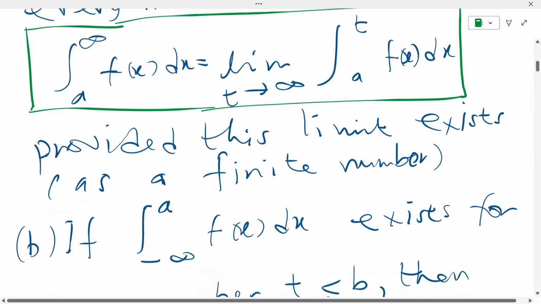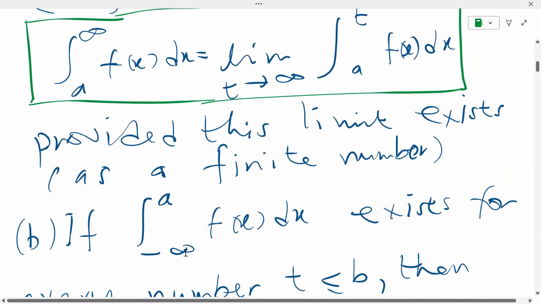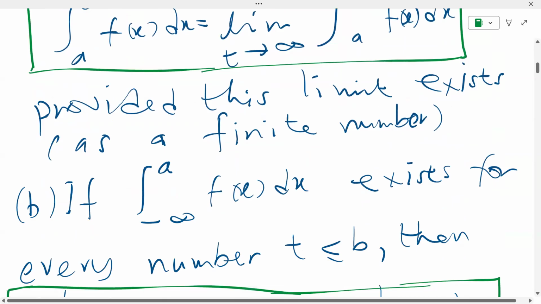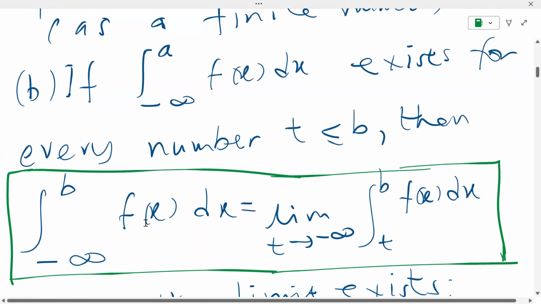B, this time, if the lower limit is negative infinity, whereas it was positive infinity at the upper limit, and the integral exists for any number t less or equal to b, then we write it this way: the limit as t approaches negative infinity of the integral running from t to b of f of x dx.